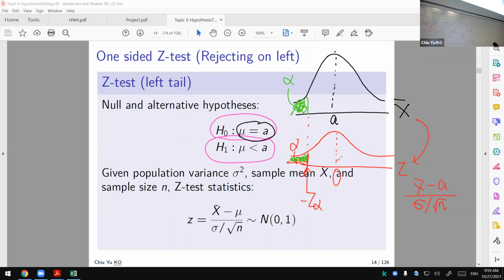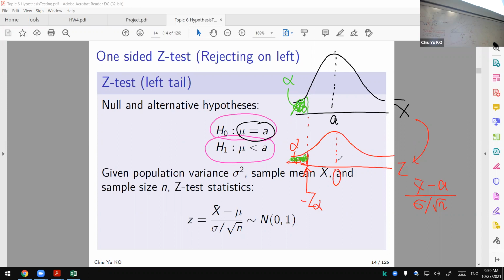If you collect the data and have a sample mean, do this minus A over sigma conversion. If that number, which we call the test statistic, is in the green area, then we reject. Or you calculate the p-value.